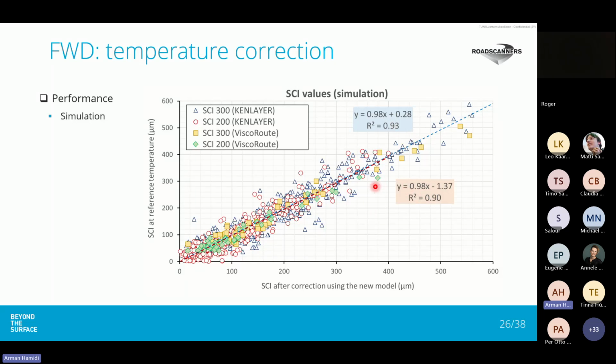These points were obtained based on modeling 1,000 cases in KENLAYER, and we also included 100 additional cases using vScrew. And if we add these solid points into this curve, we see that again these points are aligned along this line with high R squared values.